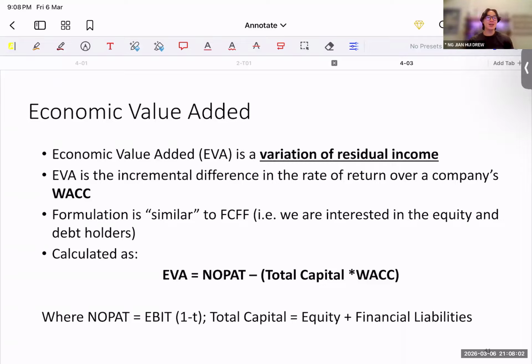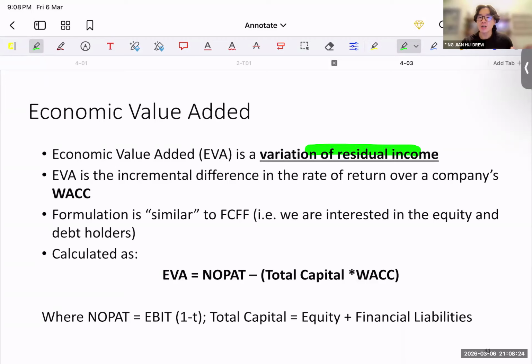For quantitative models, the last one we would like to cover for today's lecture is the economic value added. The economic value added is a variation of the residual income model, so it's very similar to it.